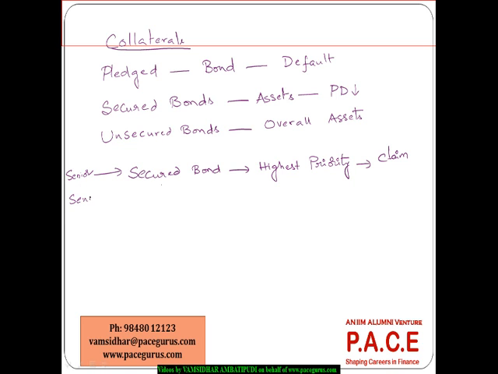On the other side, I can have a senior unsecured bond, which would be next in priority, or I can even have a subordinated bond, which is next in priority after that, typically called junior debt. So for the different kinds of secured and unsecured bonds, depending on the assets pledged as collateral versus the assets not pledged, the seniority in terms of payment typically changes.